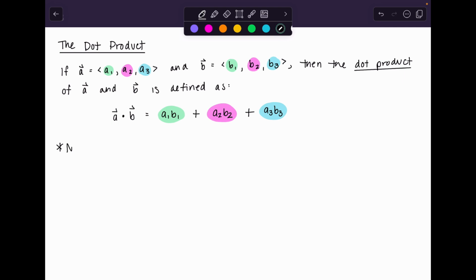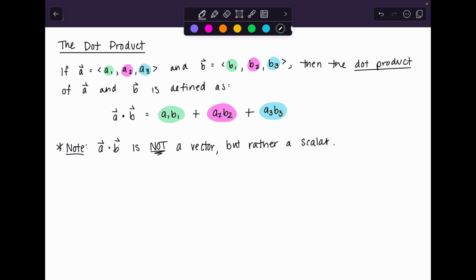This is super, super important: A dot B is not a vector, but rather a scalar. When you go through the dot product, the resulting thing should just be a number in the end.